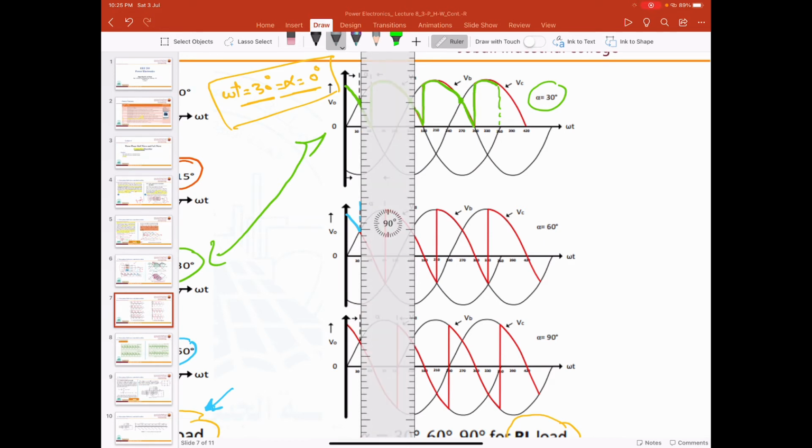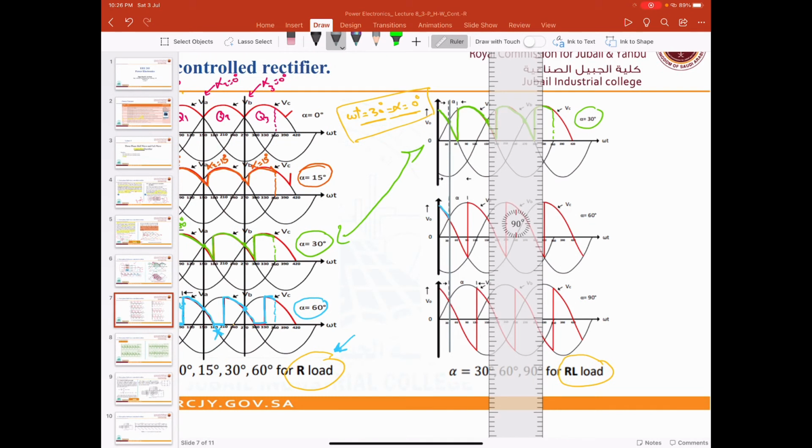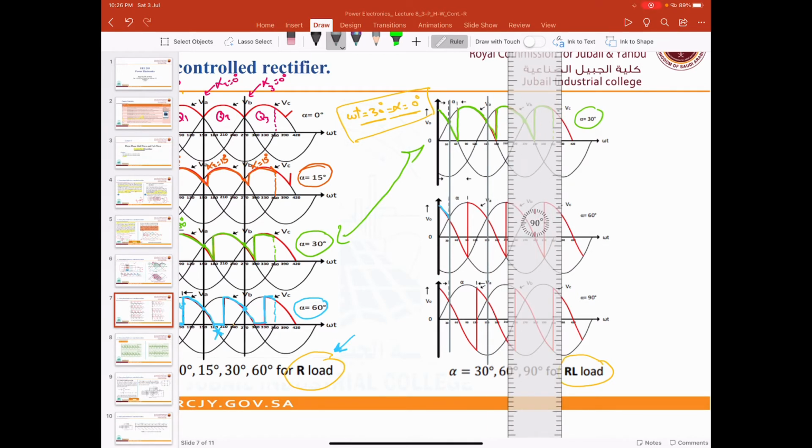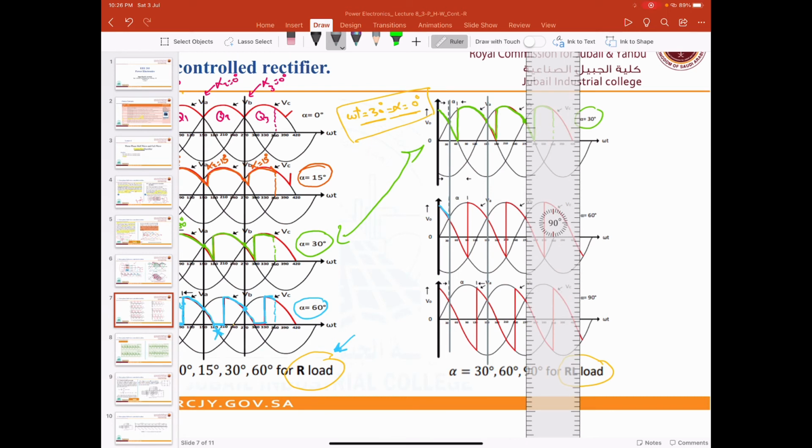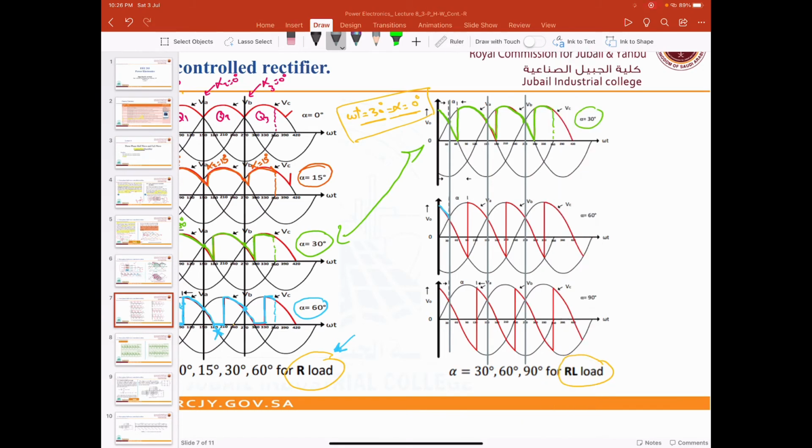Again, we'll add like here. At 150, we will drop line here يا شباب. At 270 we'll drop line. Okay, so this is the line يا شباب.